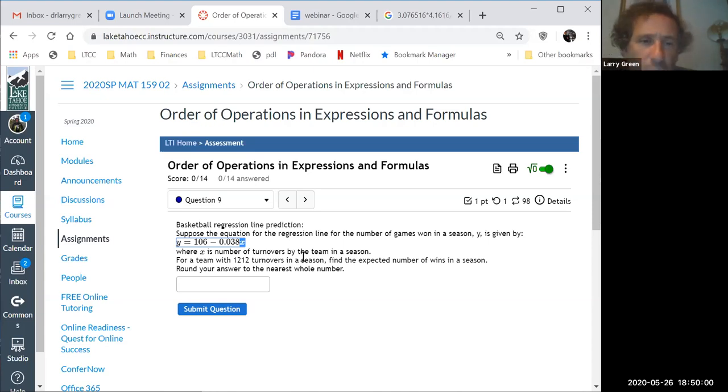So what do we do? What's the first piece of arithmetic we should do here? What operation? Yeah, we first do the multiplication because multiplication comes before subtraction. So we're going to go 0.038 times 1212.